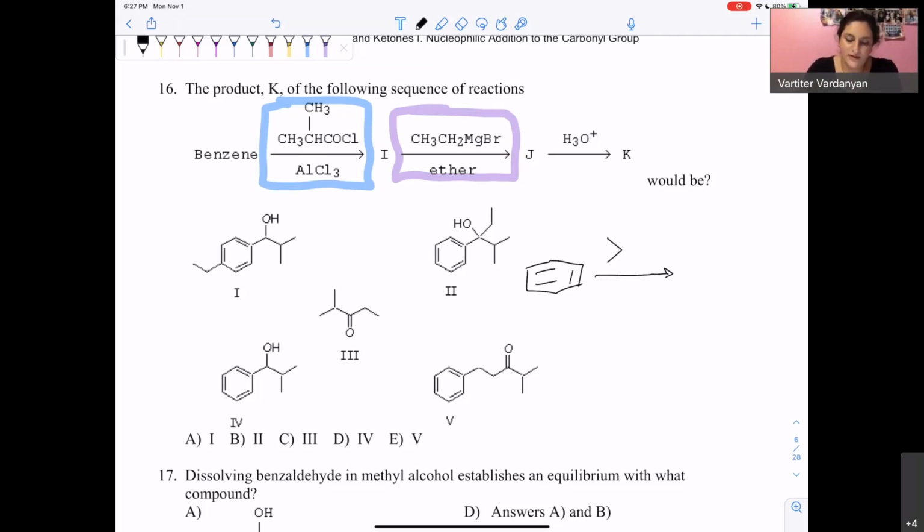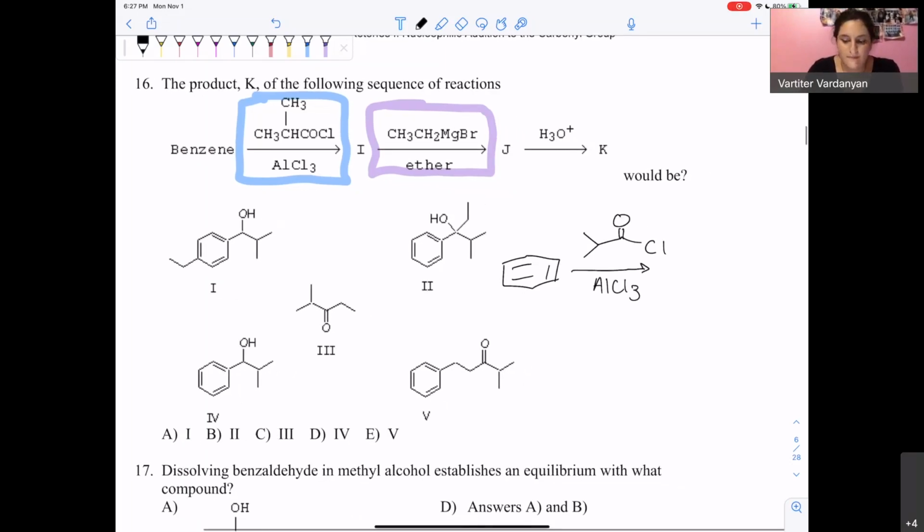And I will draw out the reagent, but I would really love for you guys to practice drawing them out on your own as well. The big dead giveaway for this should be the AlCl3 and the double bond, which we also call an acyl group. So what reaction do we think this is?